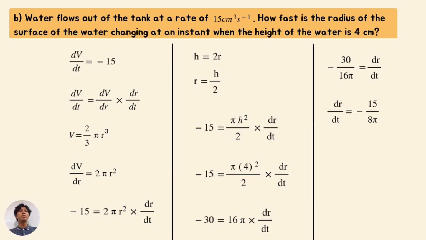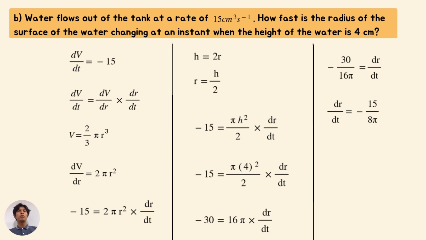In negative 15 equal to 2 pi r squared multiplied with dr over dt, we can replace r with h over 2. So we can write negative 15 equal to pi h squared over 2 multiplied with dr over dt. Since the question has stated that the height of the water is 4 cm, we replace the height with 4.